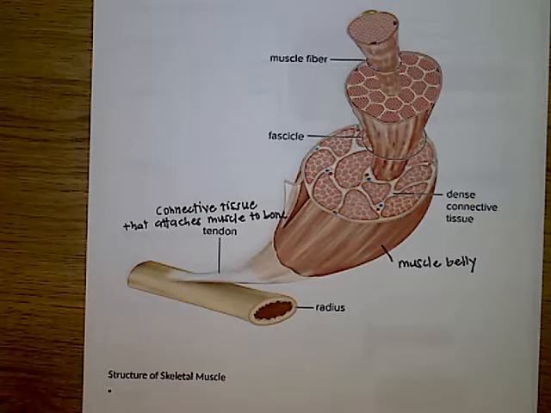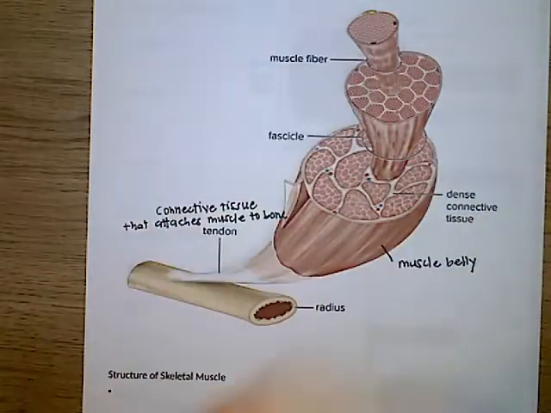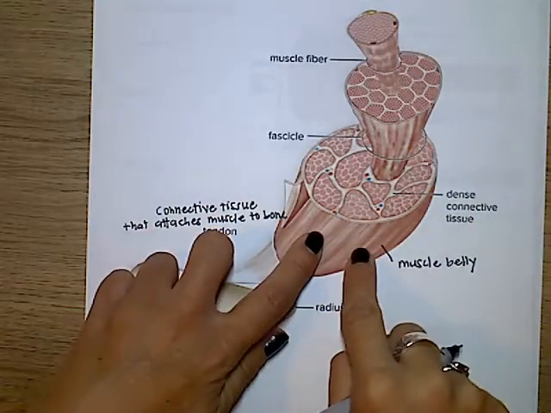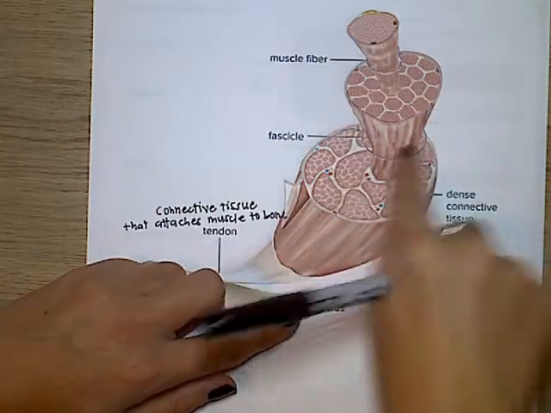And you'll kind of notice here that this is like circles inside circles inside circles inside circles, from the biggest one being the muscle belly. The next biggest one is a fascicle, which you're looking at here.